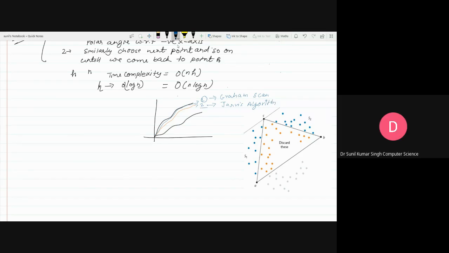So you can see, 2 is asymptotically faster than the Graham scan algorithm. Although when we write down its time complexity, it will be order of n log n, right? So this is the meaning of being asymptotically faster than the Graham scan algorithm.